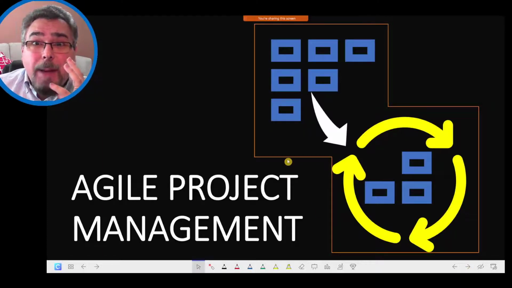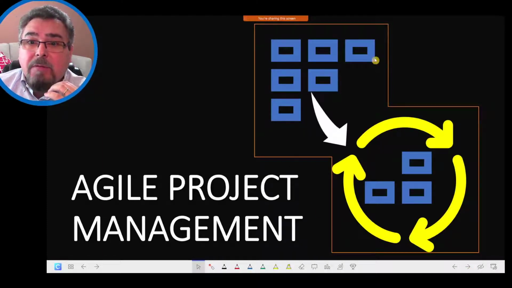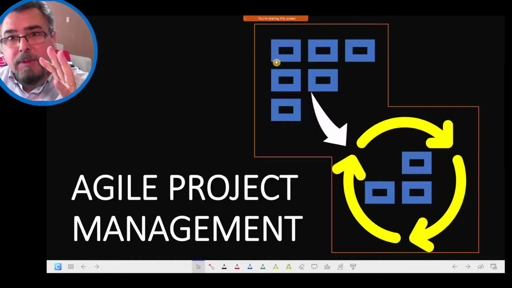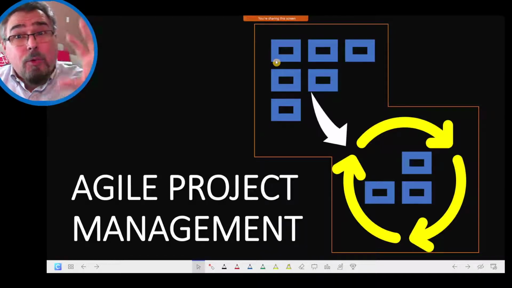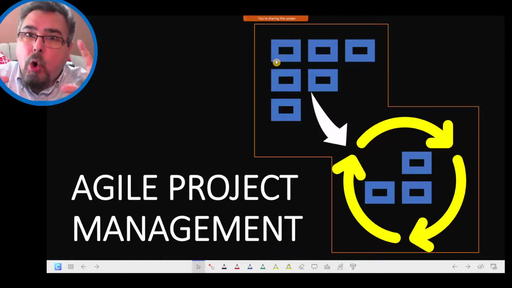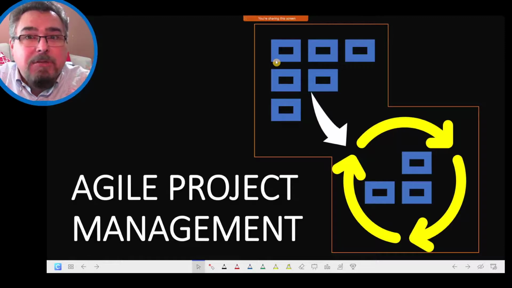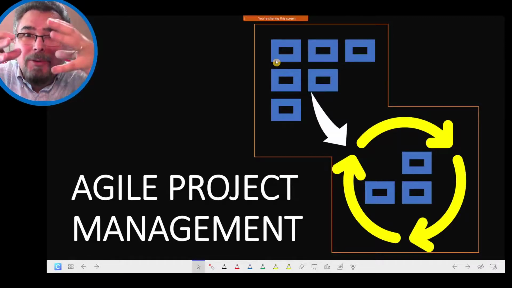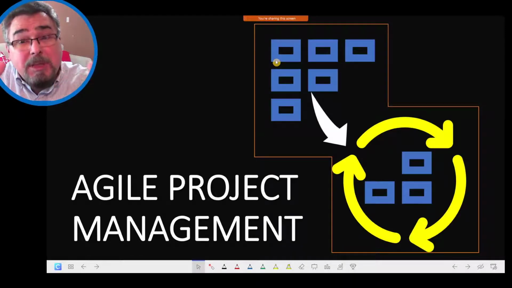In that type of adaptive project management, let's suppose that each blue square here is one work package. In agile project management, we do a kind of WBS, a scope in which we identify the project requirements, so you can lay out some activities that need to be done.